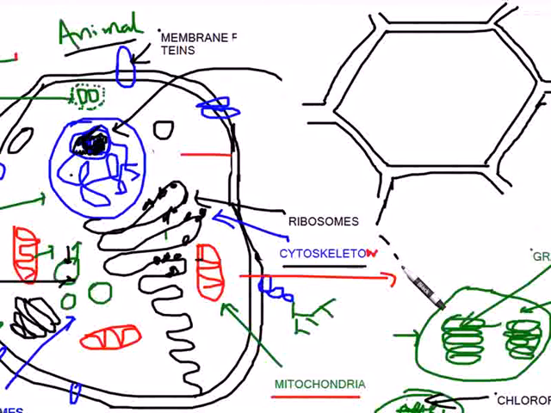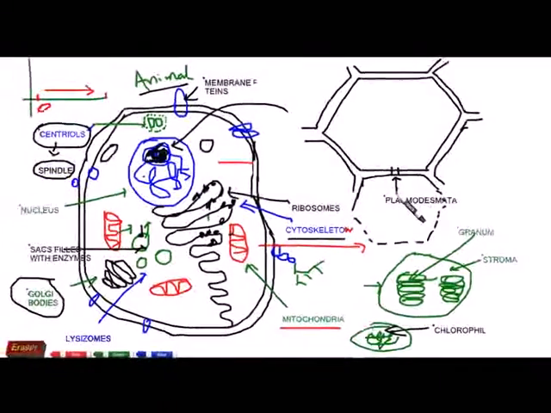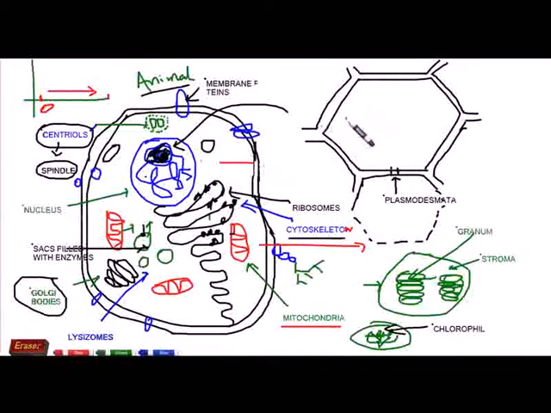If we draw cells like that, the other cells are placed in a structure like this, and this helps them to be connected with each other. So we have small openings, and those openings are called plasmodesmata. So the exchange of molecules through the cell wall is called plasmodesmata.